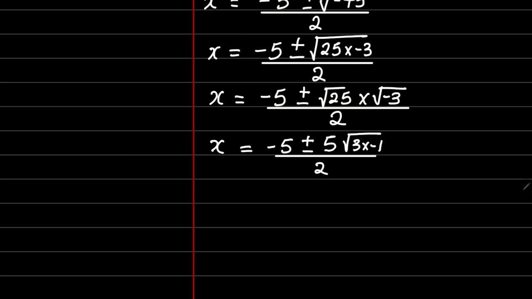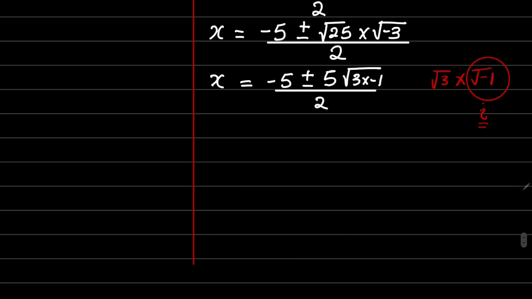Now let me show you something. Root of 3 times root of minus 1. Now root of minus 1 is a complex number which is equals to i, just i. So therefore I will write this as x is equals to minus 5 plus minus 5 root of 3 i, and this of course is over 2.